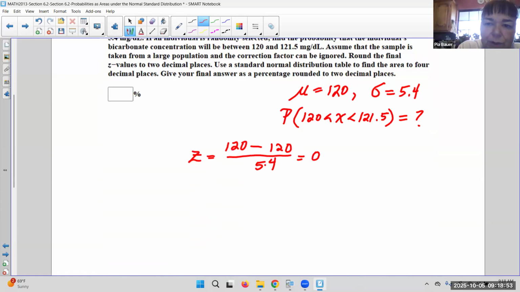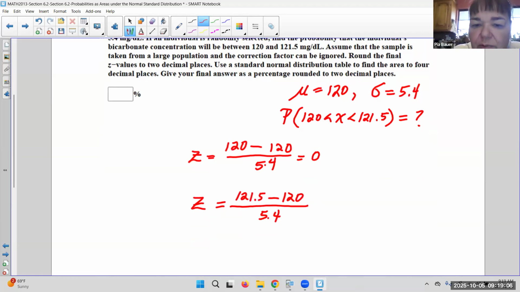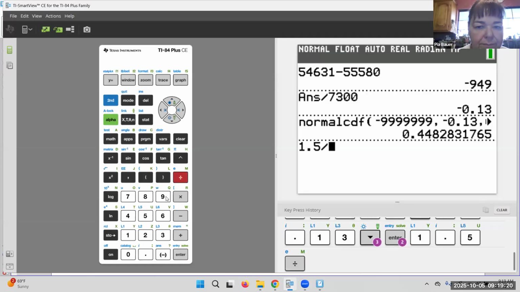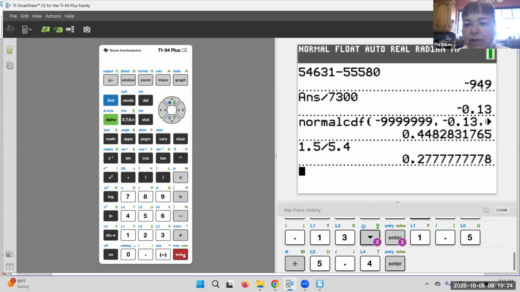Then for 121.5, I'm going to have 121.5 minus mu, which is 120, divided by the population standard deviation, which is 5.4, and that will be 1.5 divided by 5.4. And that's going to give us a positive Z-score.